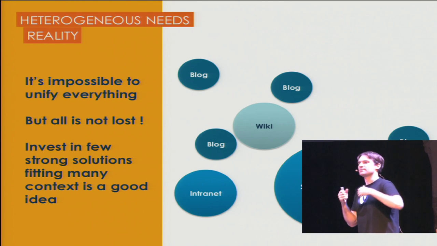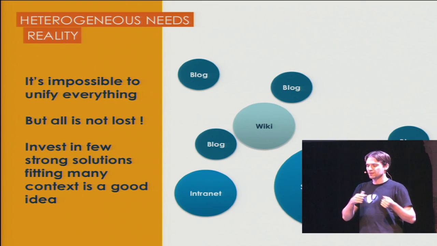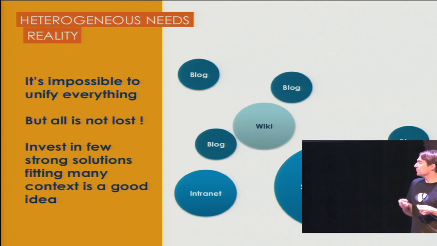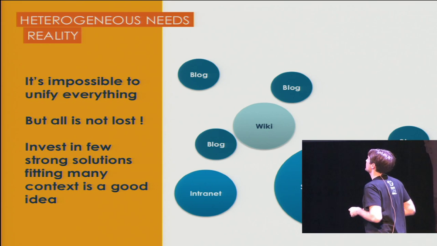But for example, it's maybe not a good idea to mix your intranet and e-commerce platform. So you will have to do some kind of reflection on it, to say, okay, I need to mix them or not mix them, and that's what we'll see after.